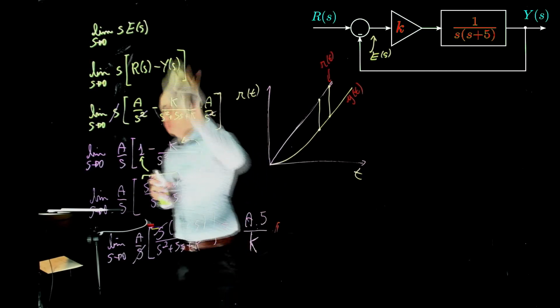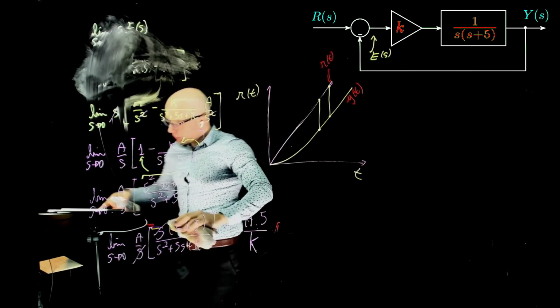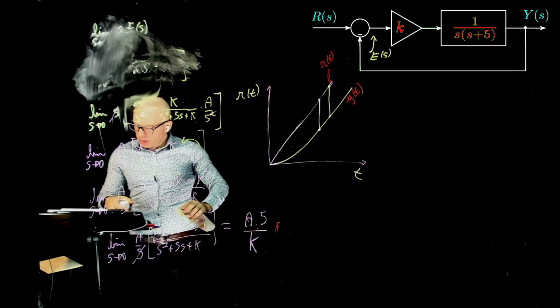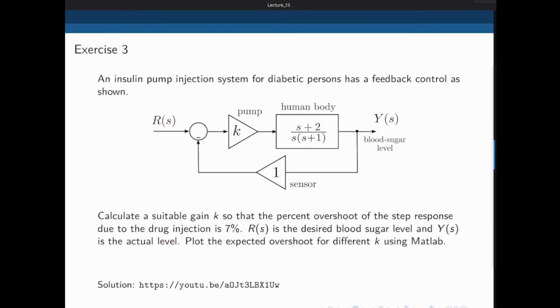Okay, so let's do exercise 3. I'm going to erase this. Exercise 3 is very similar. We have the insulin pump from the beginning of the lecture, and we want to control the insulin pump to keep the blood sugar level at a given value for a step input.